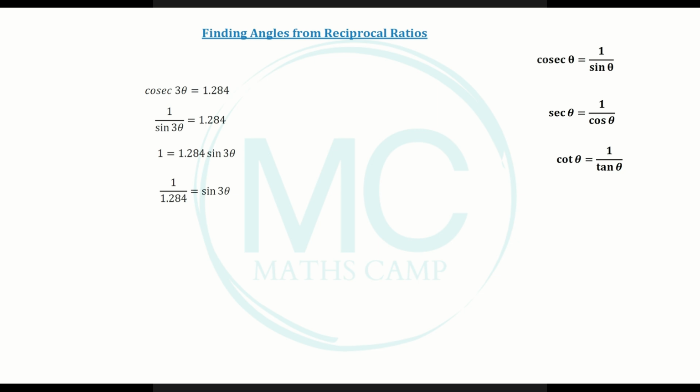Now we can get our angle by itself. So we need to move sine to the left. And we say sine to the -1, open our bracket, 1 over 1,284, close the bracket, is equal to 3 theta. Now we can get our calculator.